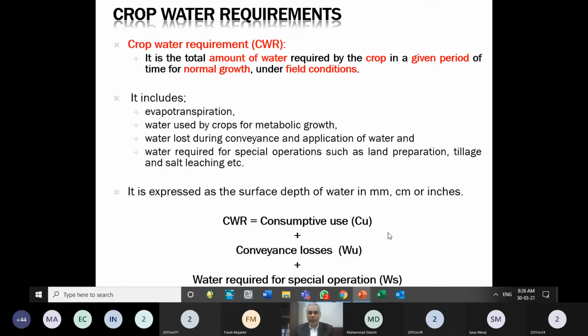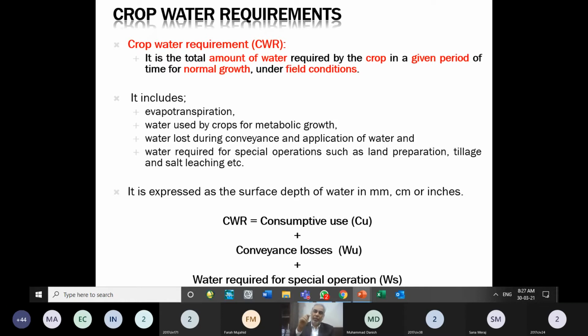So this consumptive use is actually these two parts. One is called evapotranspiration, and the second is the water used by the crops for metabolic growth. There is a minimum amount, less than 1% of the water, that is actually utilized biologically by the crop. Crop intakes water from its root, it moves through the stem to the leaves and then evaporates through the leaves.